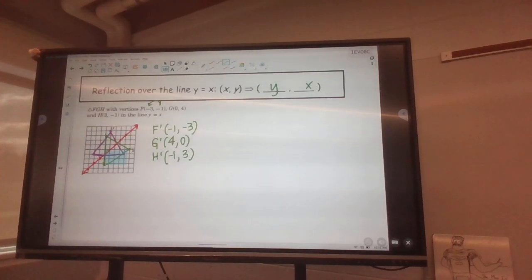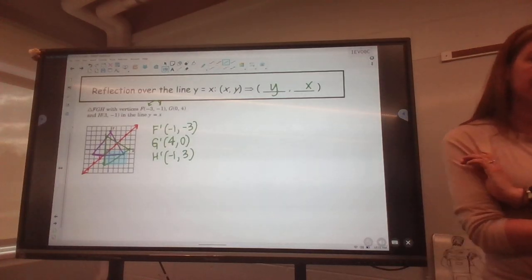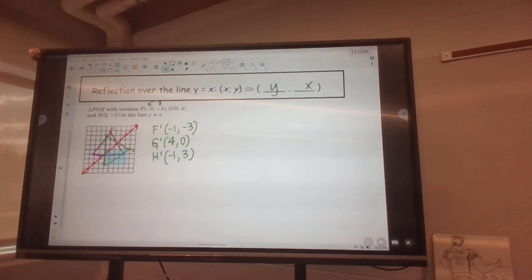So it flips over that line, diagonally. And so it's just a matter of determining which of these rules that is giving us.